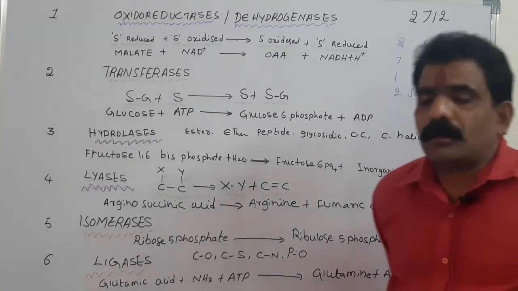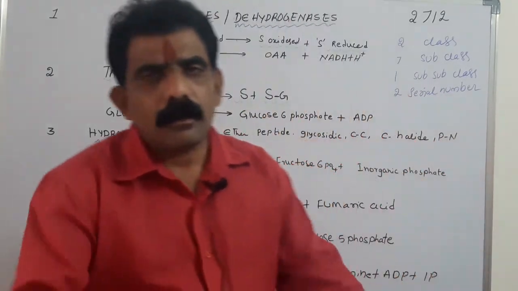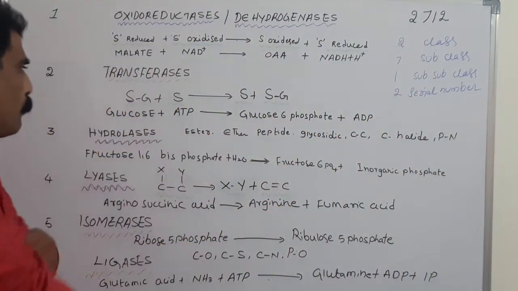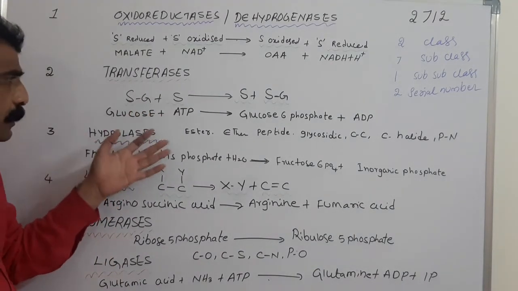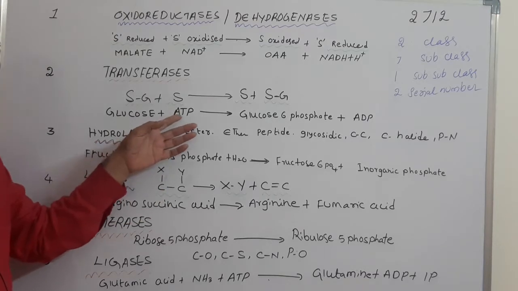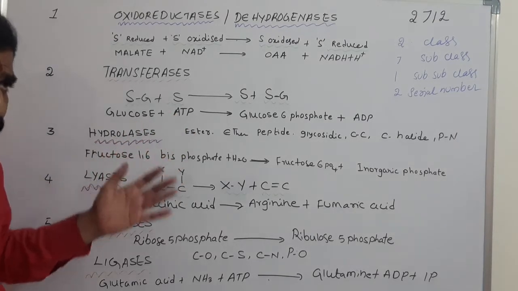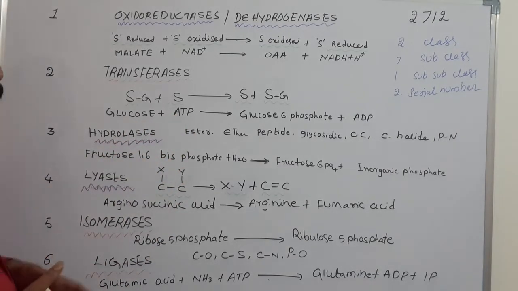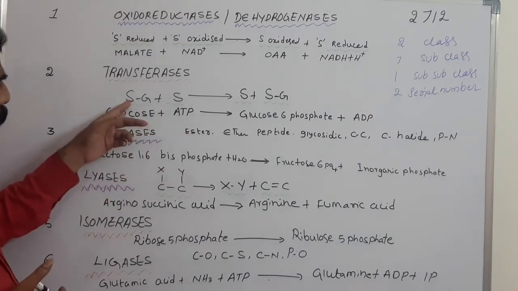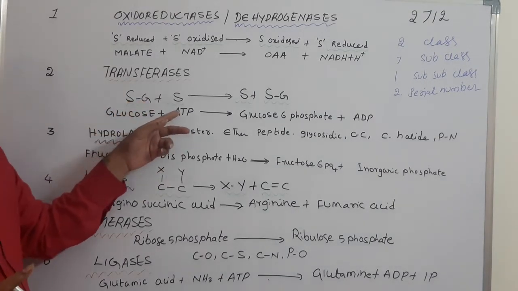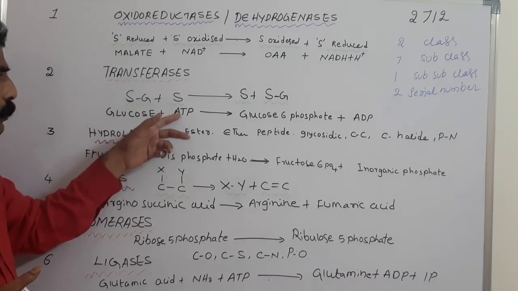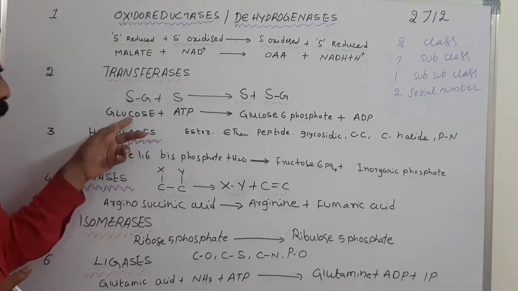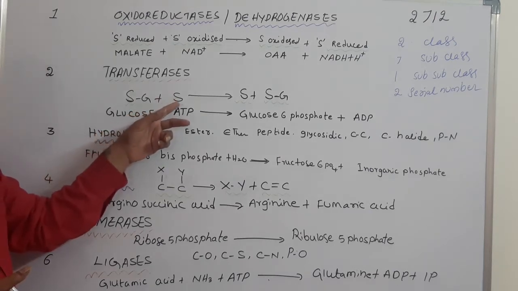What is the first reaction of glycolysis? Phosphorylation, where glucose undergoes phosphorylation by utilizing one ATP. Here, when ATP is hydrolyzed, ADP and inorganic phosphate are formed. So ATP is a substrate with group because it has 3 phosphate groups. From that, one phosphate group is removed and the same is added to the glucose, the normal substrate.